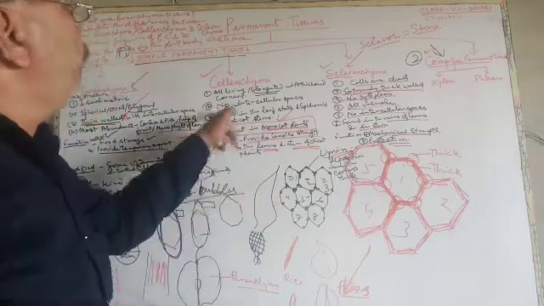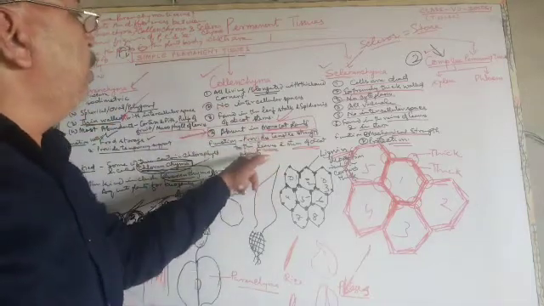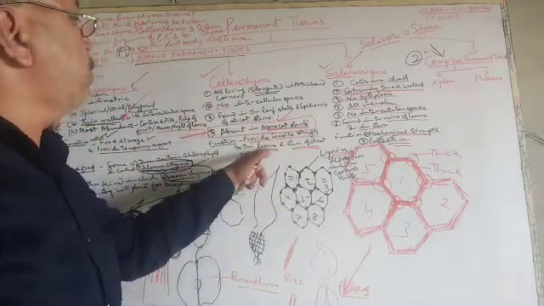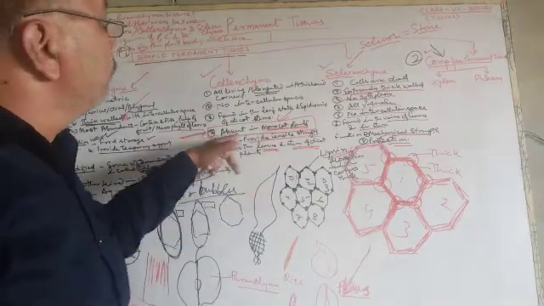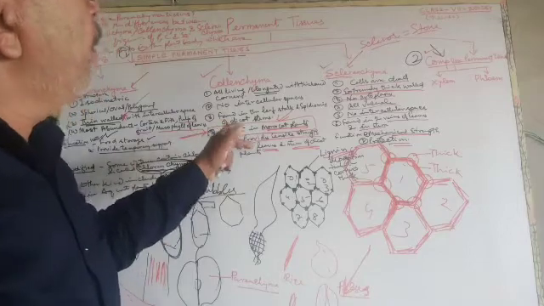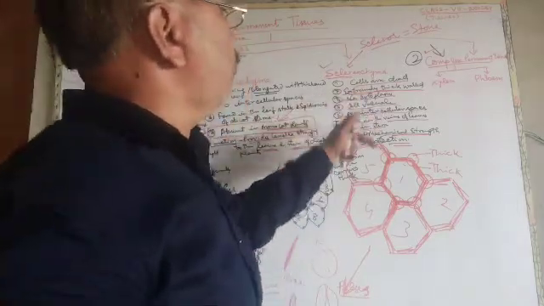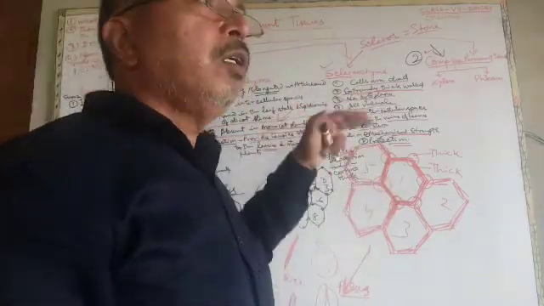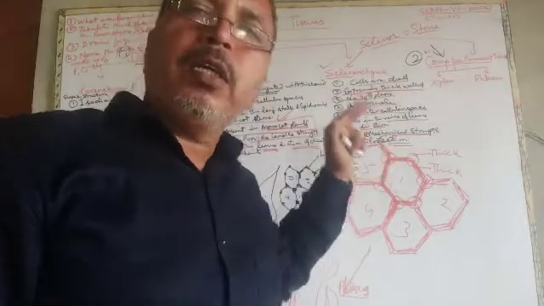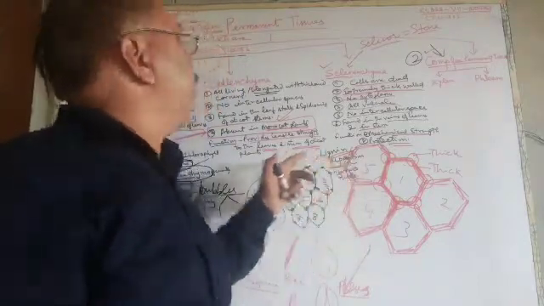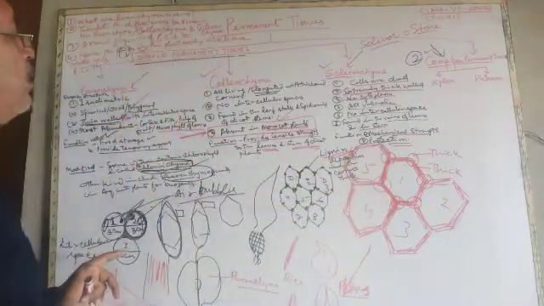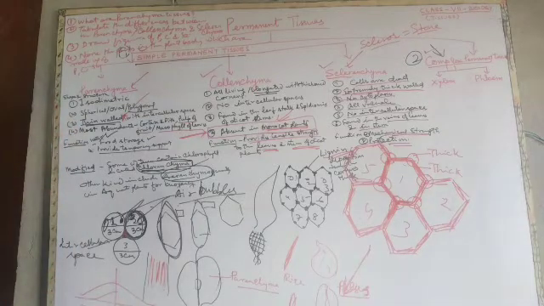Collenchyma: the leaf base, then leaf veins, and then stem and the peels. Here the hard cells, then bark, the outer bark you have seen on very huge plants, they have dry barks on them. This is sclerenchyma, they are made up of this, right? This is about the parts.